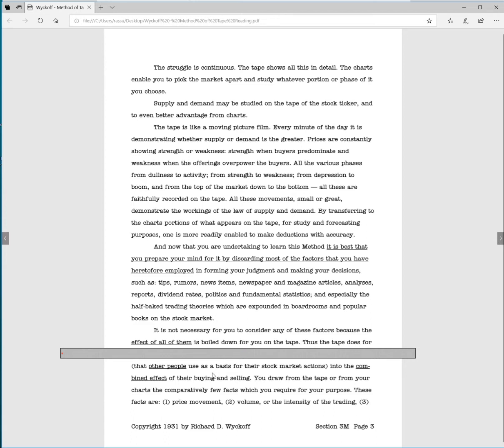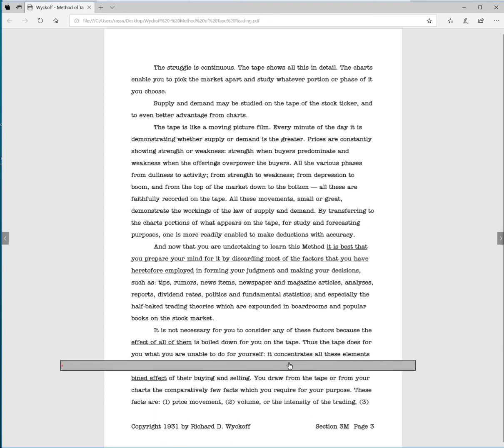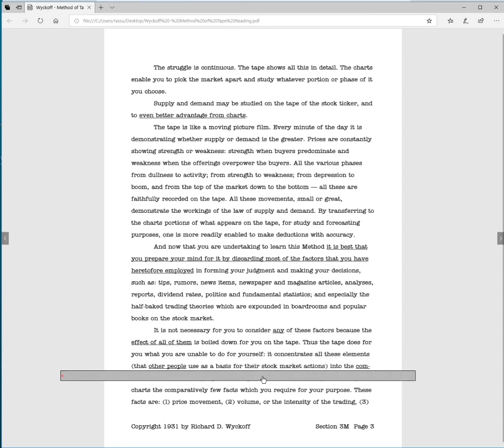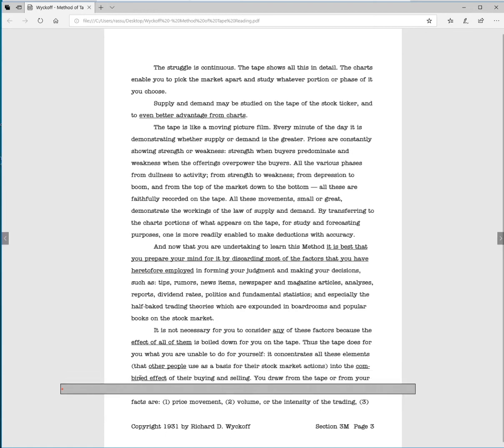So if it's meaningful information that comes out, it will result in a meaningful price movement and volume. So why not just look at the effect of all of these items by looking at what it does to the price. It concentrates all these elements into a combined effect. You see, the combined effect of all of that.